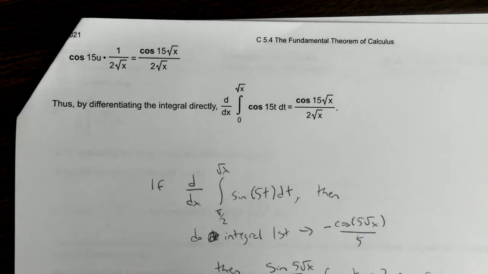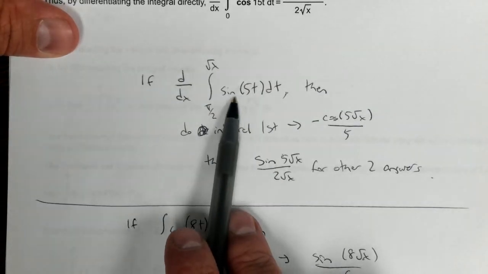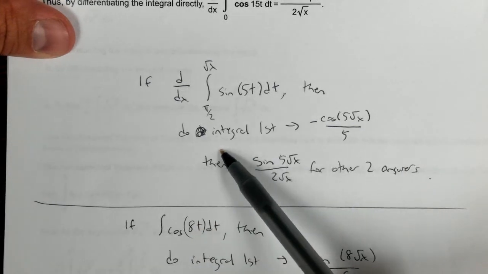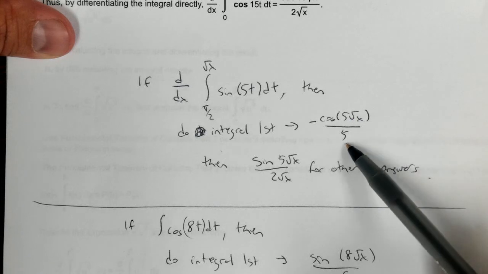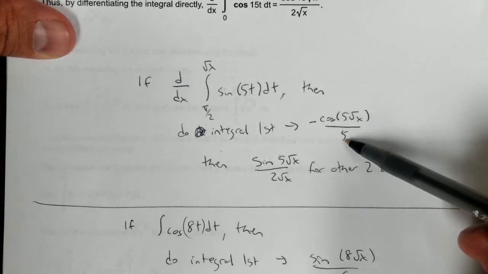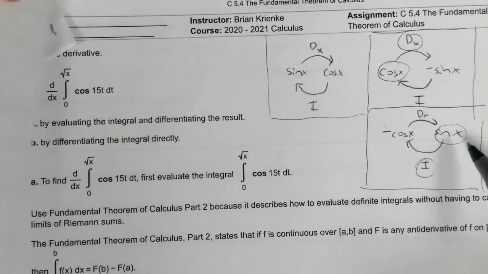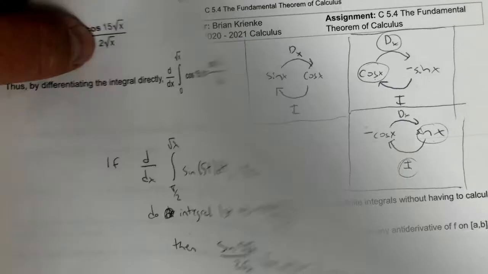So I went through a few examples of this. On this one, we started with sine of 5t dt. When we do our integral first, we're going to get negative cosine 5 square root of x over 5. So this number goes on top and bottom like that. And since we were doing the integral of sine, like I said over here, the integral of sine is negative cosine.